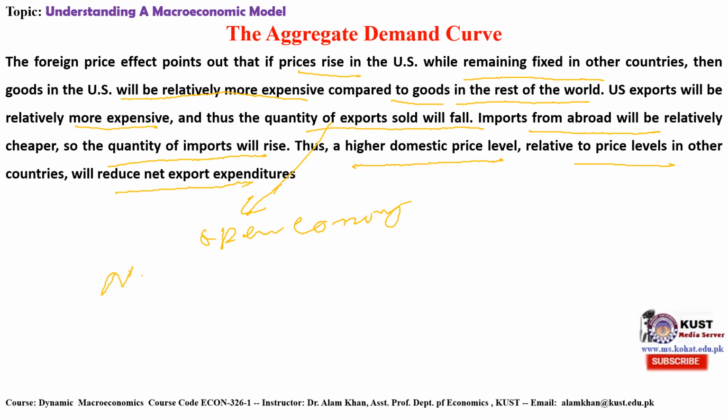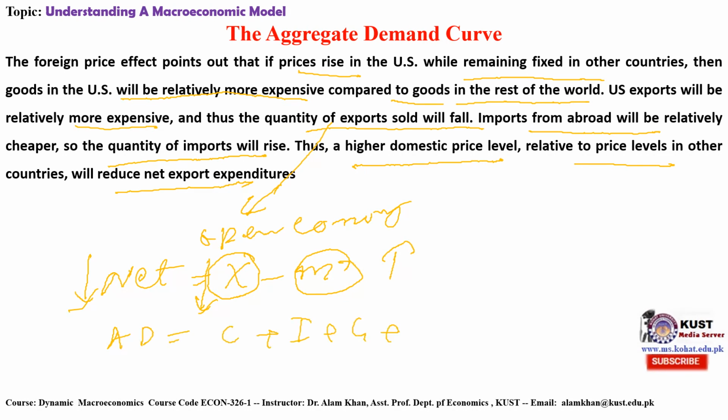Net export is equal to export minus import. So when there is an increase in prices, your exports will be more expensive, your imports will be relatively cheaper, imports will be higher, exports will be reduced, so net export will decrease. And this is also one of the components of aggregate demand, which is equal to C plus I plus G plus X minus M.